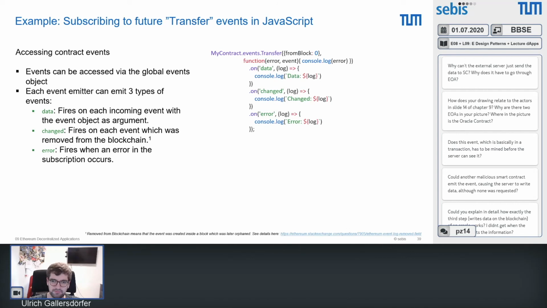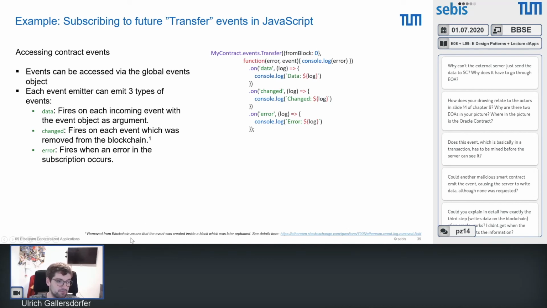Also, you can work on these events, you can access these events, and you have 3 types of events that can be emitted. For example, the data fires on each incoming event with the event object as argument. You can also access the changed one, which fires on each event which was removed from the blockchain.